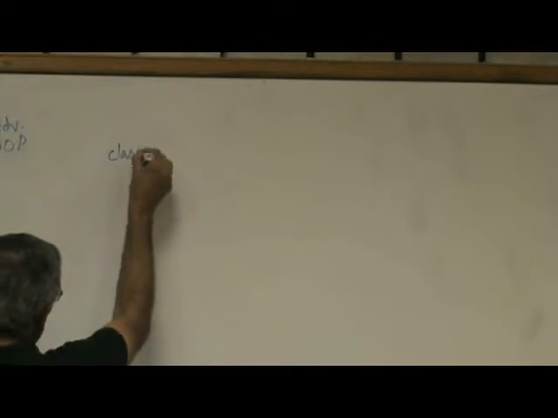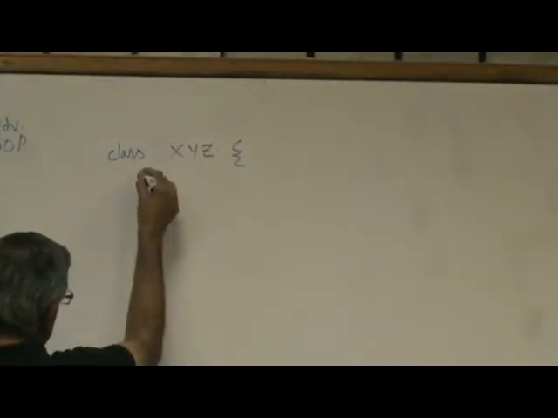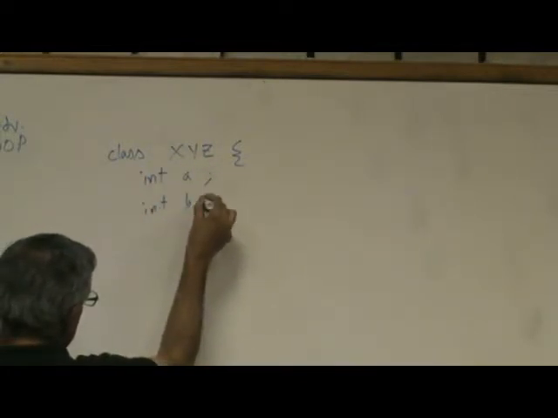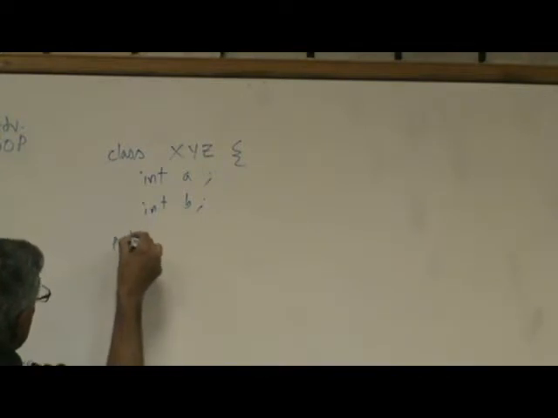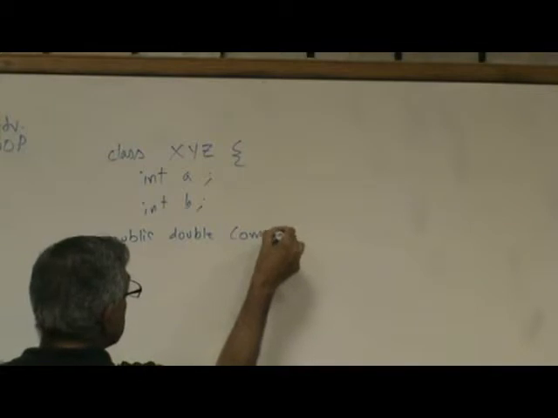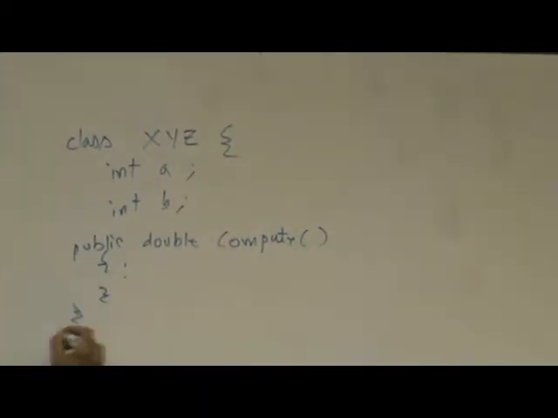Let's create two classes again. Let's say class XYZ. Suppose you declare two fields and the corresponding public properties, and a public double compute. Just like before, suppose we wrote some function, whatever the code is.